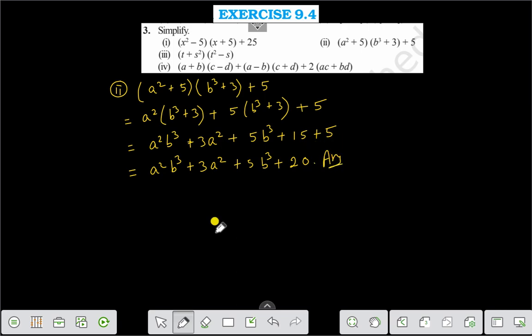Therefore the answer is a square b cube plus 3a square plus 5b cube plus 20.